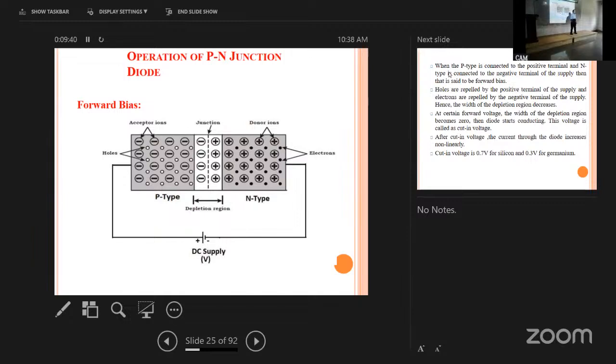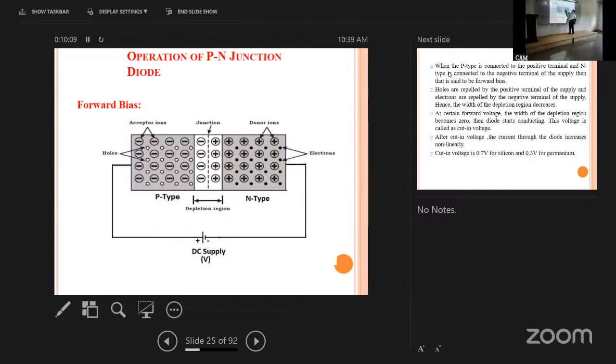The holes moving from the junction into the N type will recombine with electrons. The holes in the P-type material will recombine with the electrons, and these holes will then be renamed as electrons. The holes which are recombined will jump from here to here.